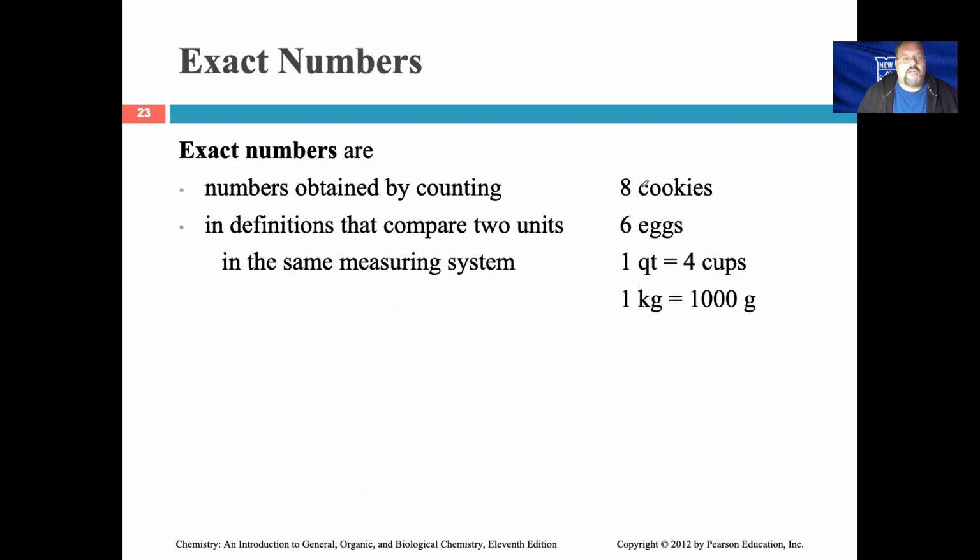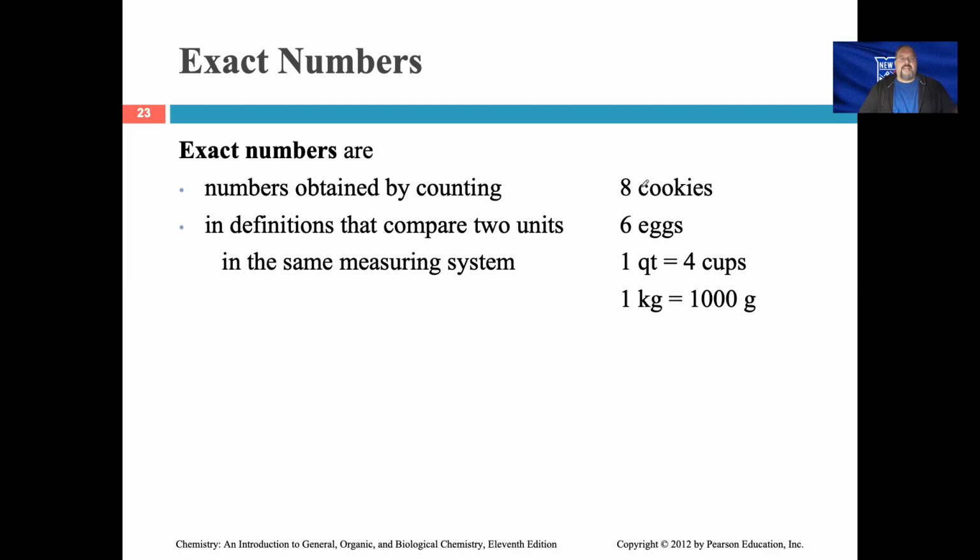Okay. Just to quickly go over the other types of numbers that you come across, what are known as exact numbers. Exact numbers are obtained one of two ways. First off, by counting. Counting is an exact science.